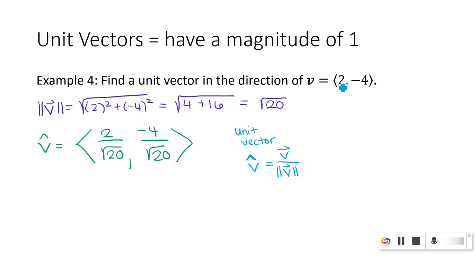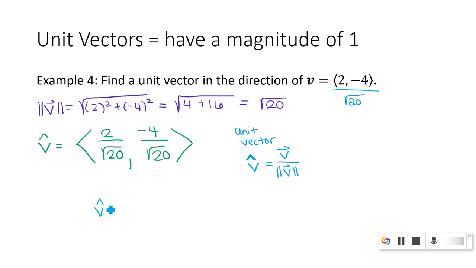So I took 2, negative 4, and I divided that by root 20. And to do that, you just divide each component by root 20. And so there's my unit vector in the direction of vector v.